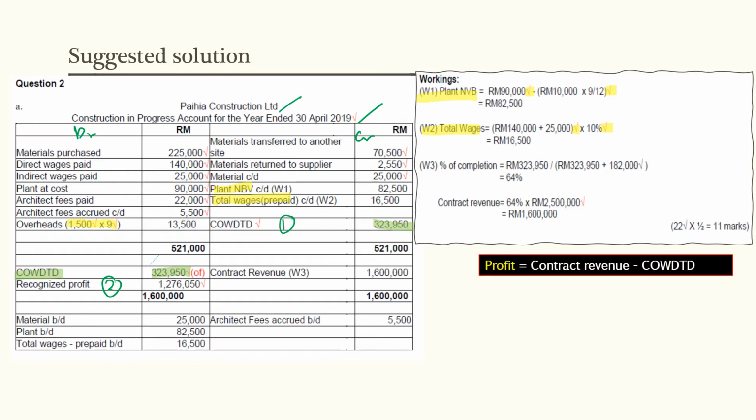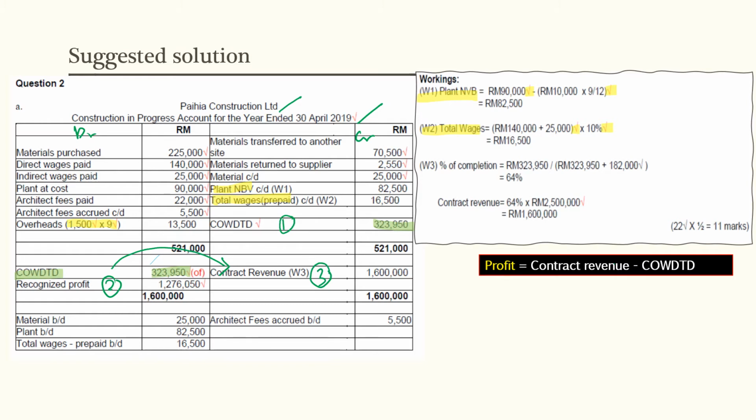Profit is recognized by matching the contract revenue and the cost of work done to date. Therefore, we need to find the next item, that is the contract revenue, because in order to find the profit, we need to subtract the cost of work done to date from the contract revenue.